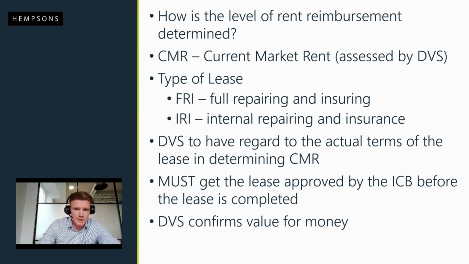The second type of lease is the IRI lease, which is internal repairing and insuring. And all that means is that tenants' responsibilities, so far as repairs and maintenance are concerned, are limited to just the internal parts of the property, just effectively the four walls, anything within the four walls, if you like.